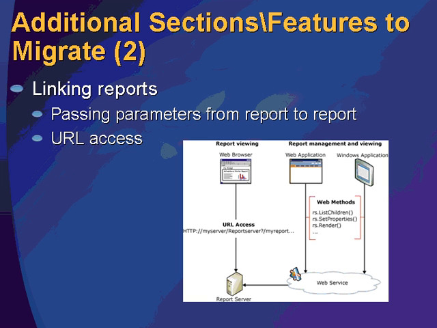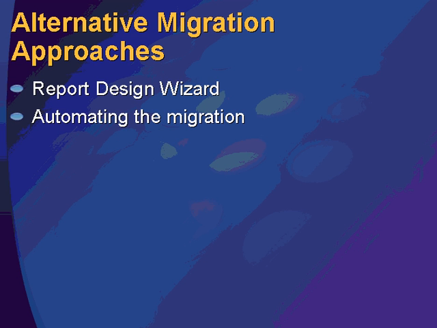So you can even link to reports located on other report servers through the URL access and provide those capabilities in reporting services. So reporting services makes it a little bit easier to be able to link to additional reports outside of your report.